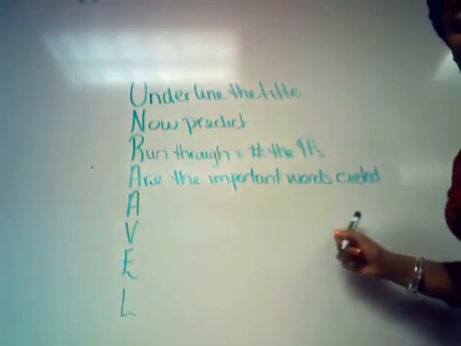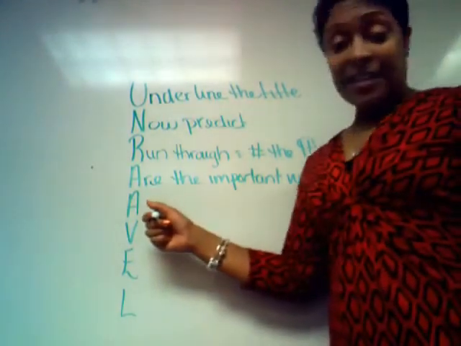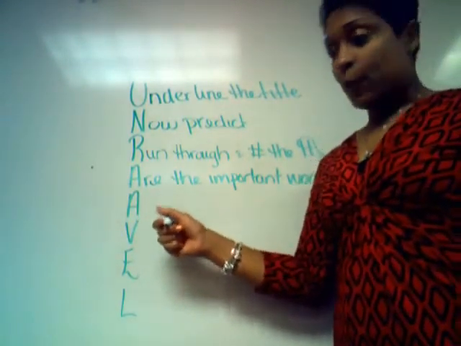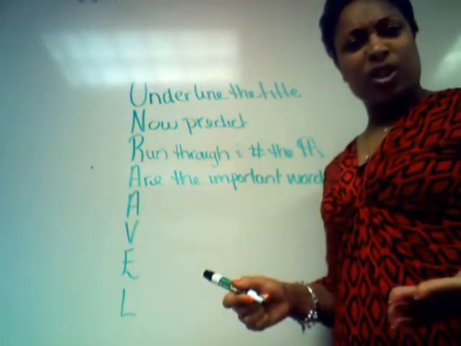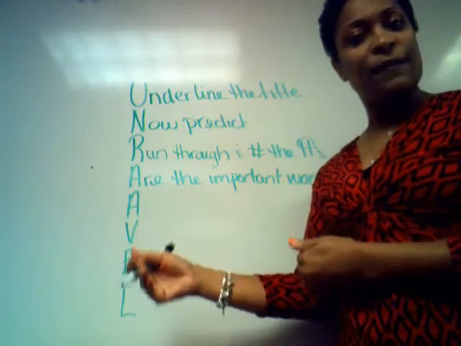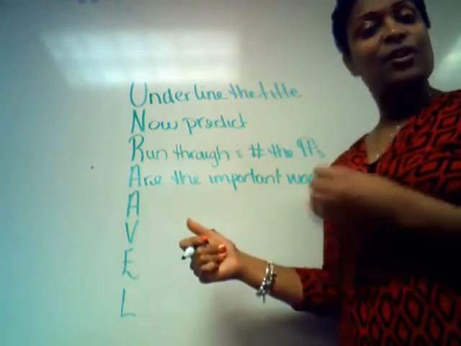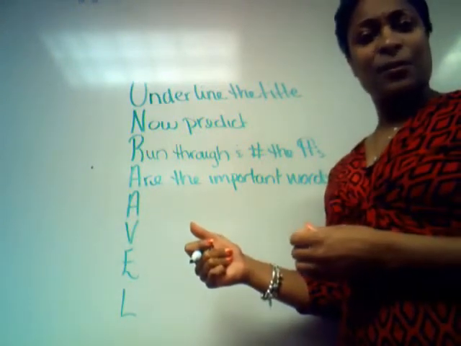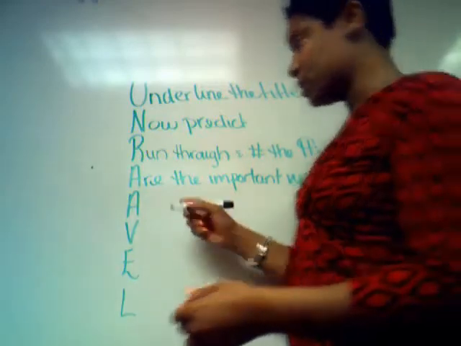Are they circled? And our next A stands for, are you reading the questions? Because we know we need to read the questions before we read the passage so that we know what it is that we're about to answer. So are you reading the questions?